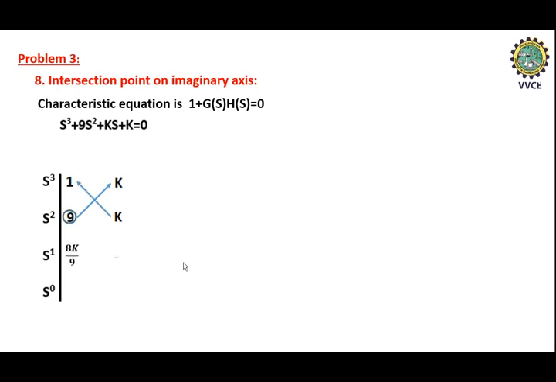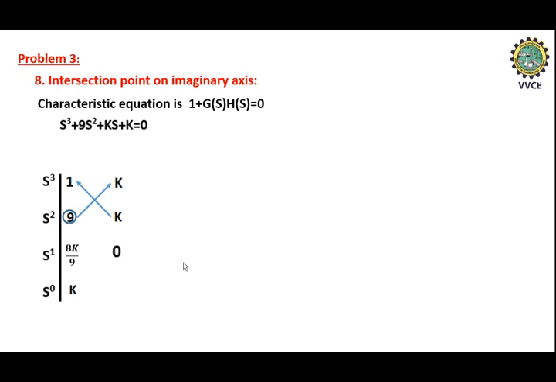So 8k by 9, 0. So 8k by 9 into k minus 0 is 8k by 9 into k itself, divided by 8k by 9. So 8 by 9, 8 by 9 will get cancelled. The remaining value is k. The last element is k.